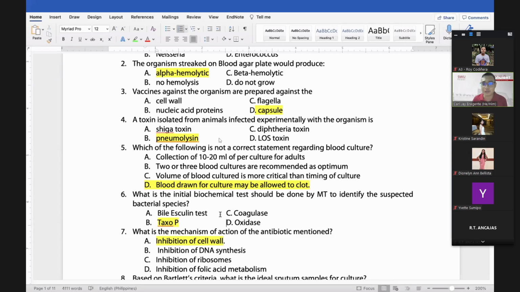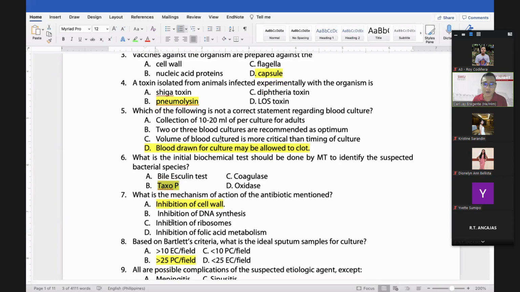Coagulase, if you want to differentiate strep from staph. Oxidase is usually done if it's a gram-negative organism. So Taxo-P, remember, is your optochin test. Okay? Or your ethylhydrocupreine hydrochloride na antibiotic. So possible result for Taxo-P is more than 14 mm.